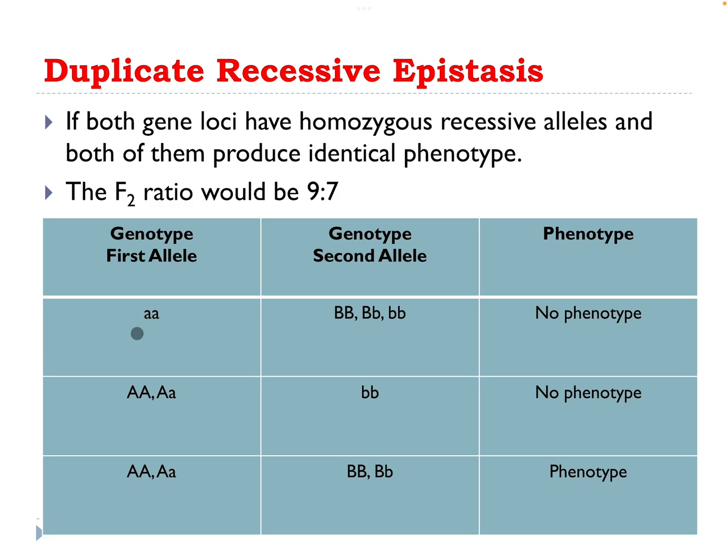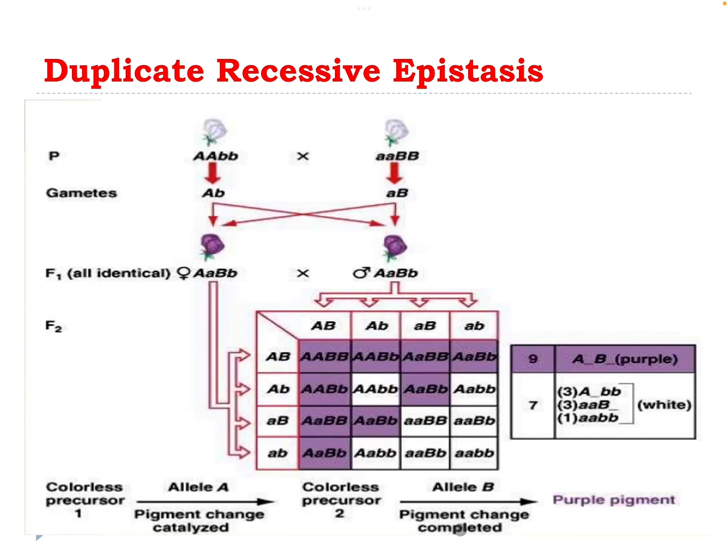Because of this, you will have no phenotype. But if there is an absence of the recessive gene, you will produce a phenotype. An example is this. So this one will produce a 9:7 ratio.